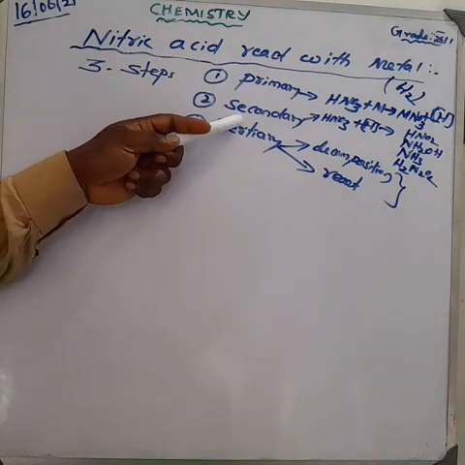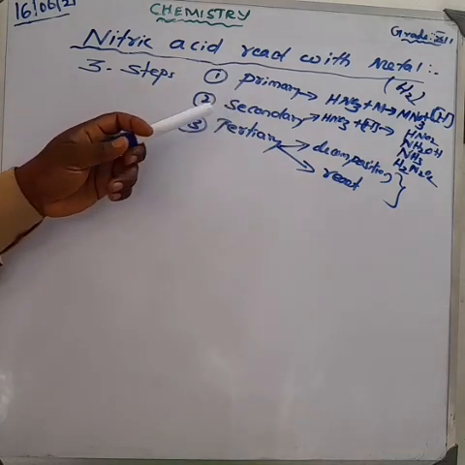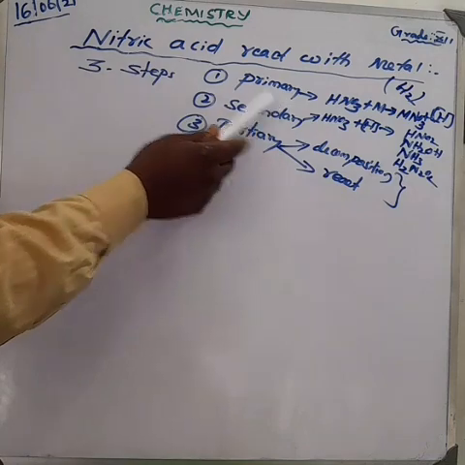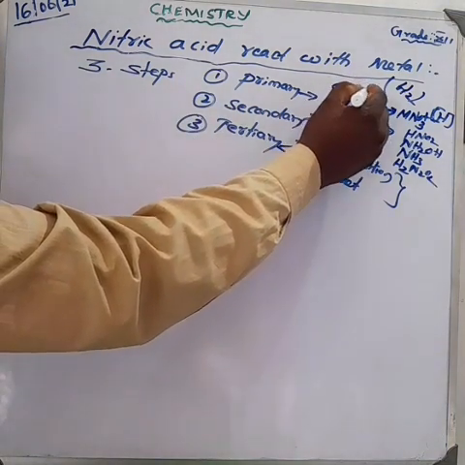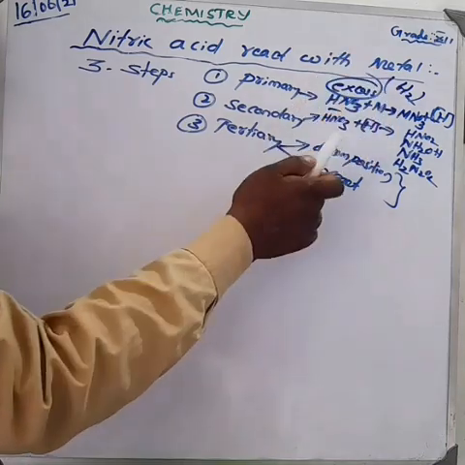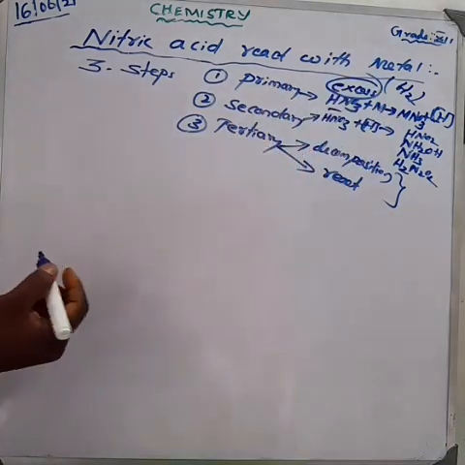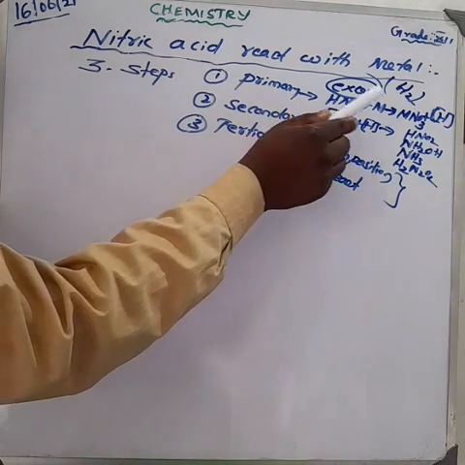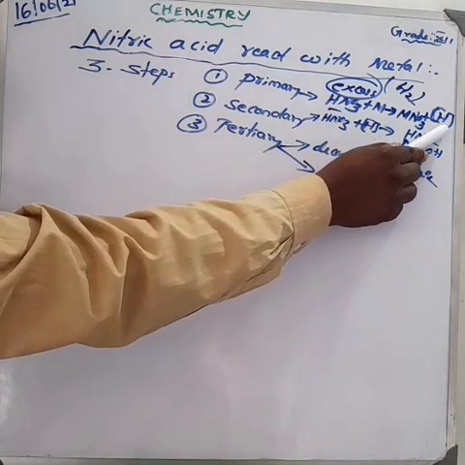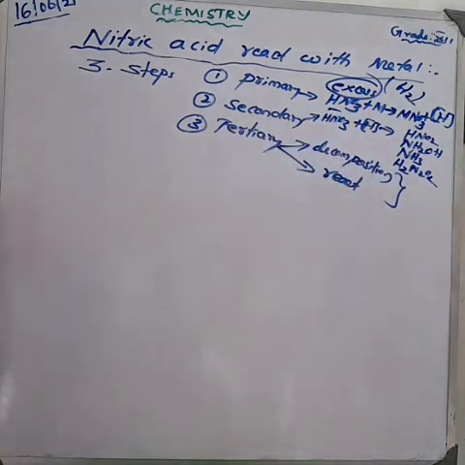What about the second reaction? Secondary reaction means that in the primary reaction we add excess nitric acid to the metal. In that reaction there is some unreacted nitric acid. Some of the unreacted nitric acid again reacts with the nascent hydrogen. We get some products.